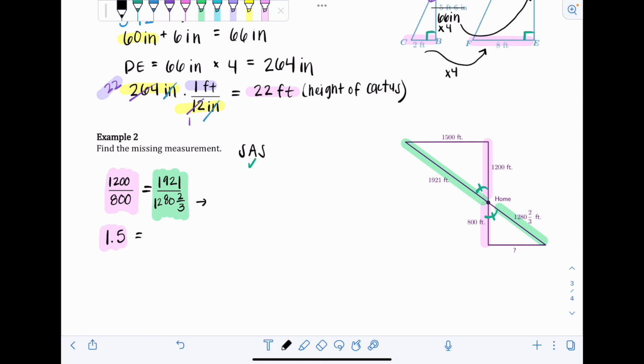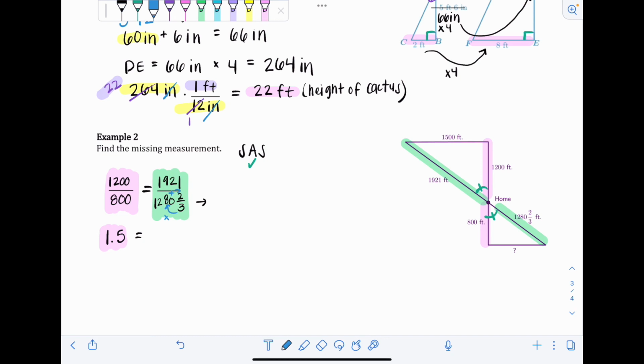mixed number like this to an improper fraction, you take the denominator, 3, and you multiply it by 1,280. So 3 times 1,280 is 3,840, and then you add the numerator.